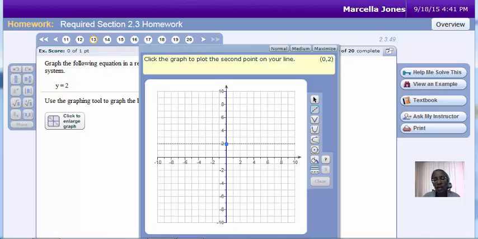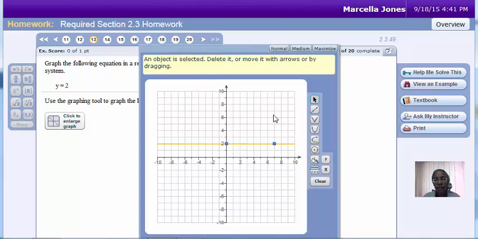The only restriction I have is that y must be 2. So here I've chosen to plot the point 7, 2, and that's an acceptable point. Why? Because the equation says the one and only thing that has to be true on this line is that y is 2.